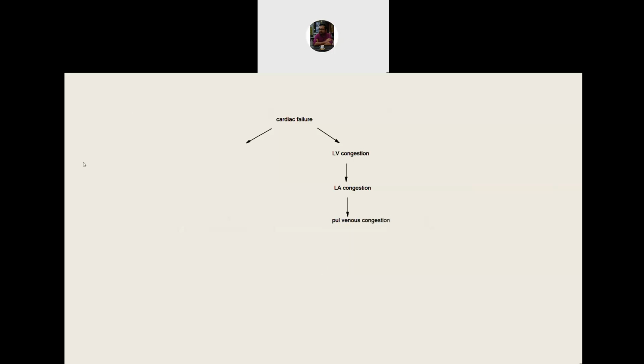And this will cause increased pressure in the pulmonary capillaries, which is called increased pulmonary capillary wedge pressure. So fluid goes out by transudation, and this causes pulmonary edema.